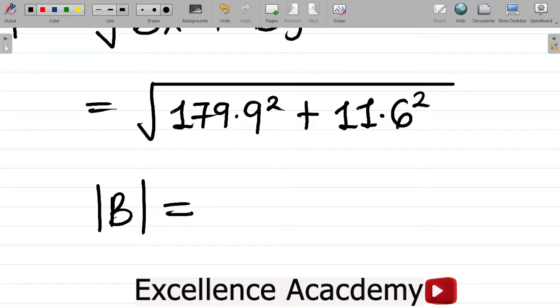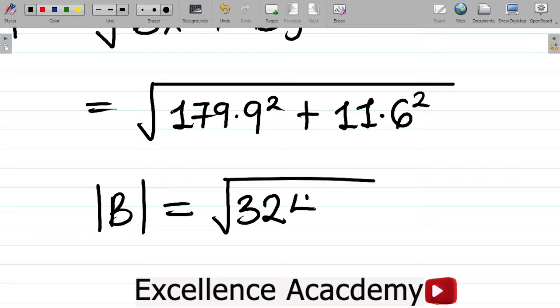If you add that up, you have 32,498.6 approximately, in one decimal place. Still maintain that number of decimal places, just one.